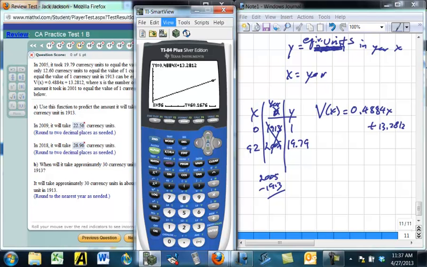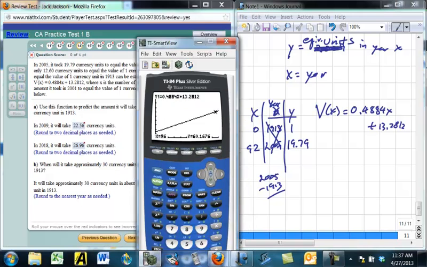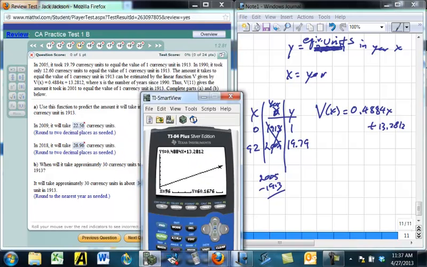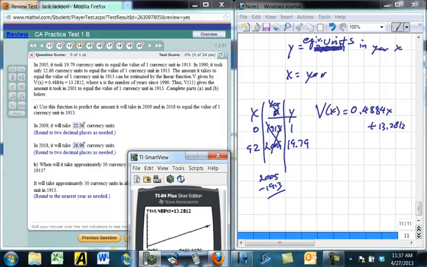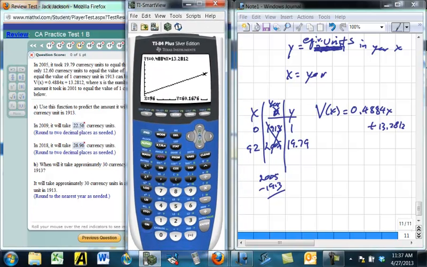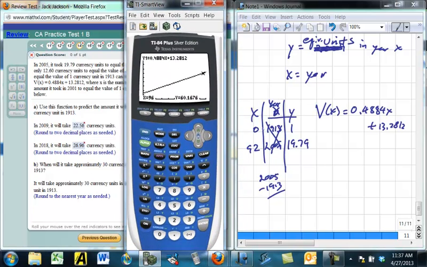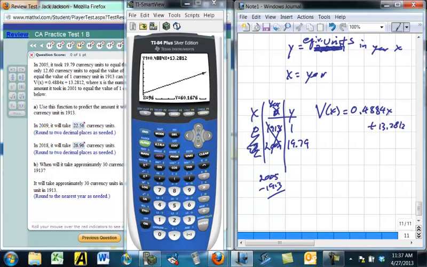Something doesn't look right here. Let's put in 0. Oh, wait a minute. X is the year. X is something... Oh, X is years since 1990. Okay, alright. Start over again. These are the wrong X's here. If you put in 0, it should be how much it is in 1990.